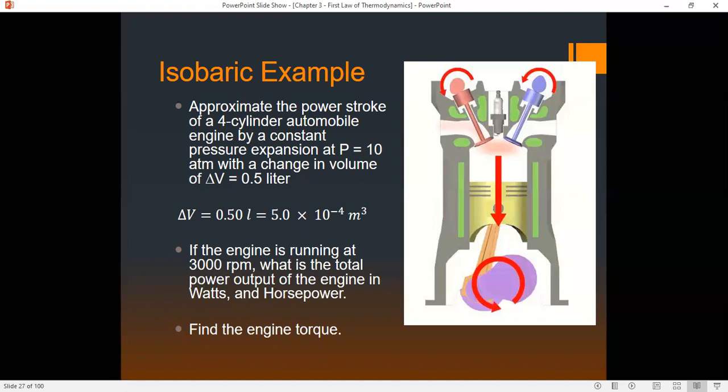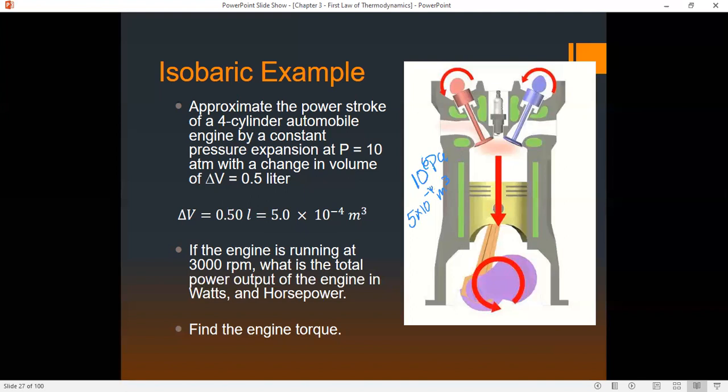There's going to be 4 different cylinders that are doing work at any time. It operates at a pressure expansion of 10 atmospheres. So we're going to say that the pressure is about 10 to the 6 pascals as it's expanding. Its volume change is 1/2 liter, and that'll be 5 times 10 to the minus 4 meters cubed. Remember, 1 meter cubed is equal to 1,000 liters. That's where that conversion comes from.